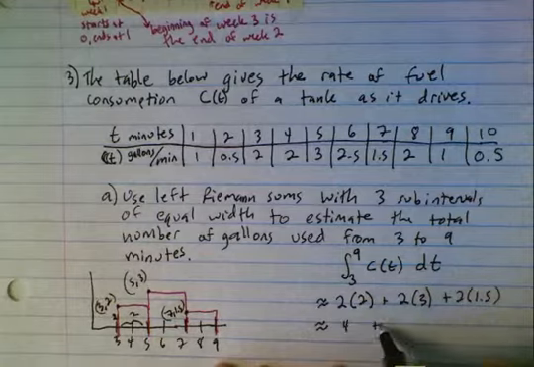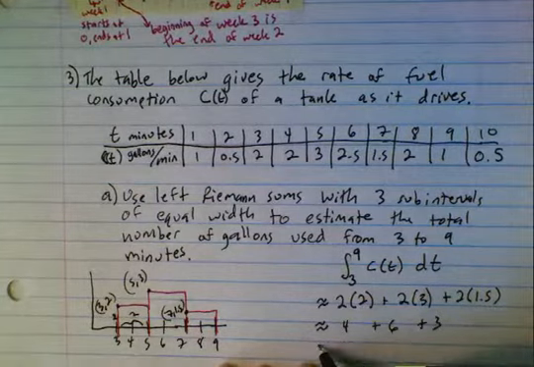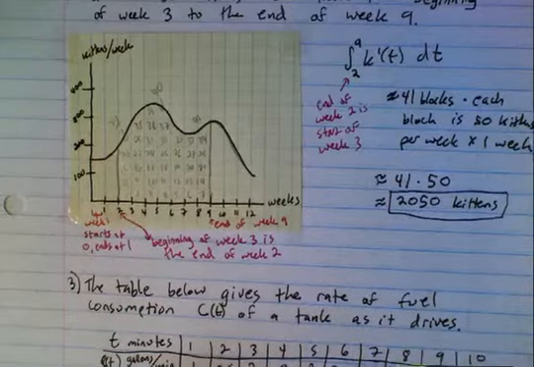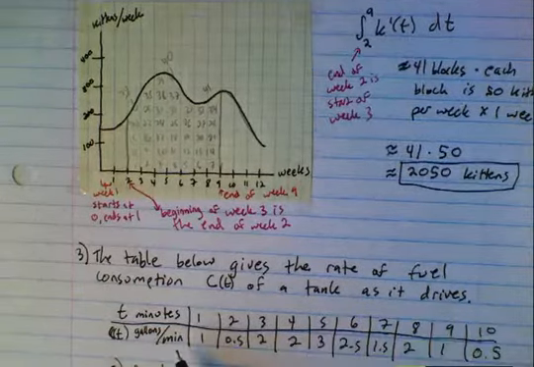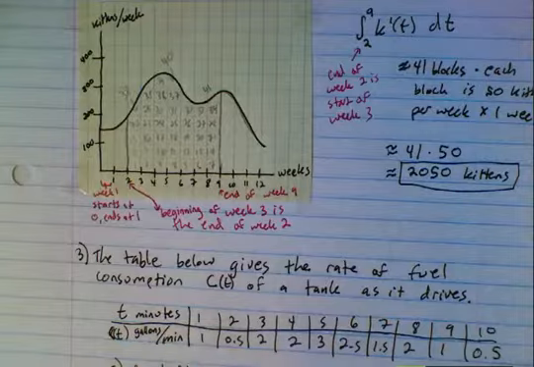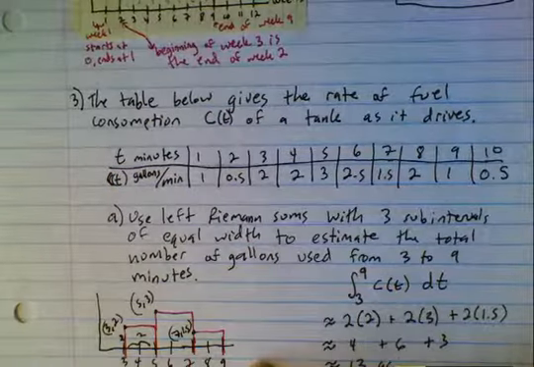If we multiply those out, and with our units, originally gallons per minute, we multiply gallons per minute times minutes, the minutes cancel out, and we get 13 gallons.